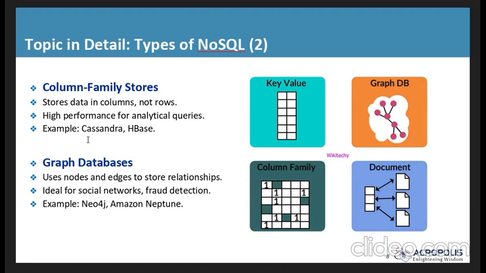Next is types of NoSQL: column family store and graph database.